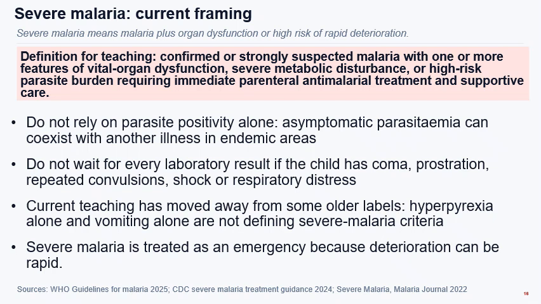Also, note the change from some older teachings that we used to give in those days: vomiting alone and hyperparasitemia are not sufficient to define severe malaria. The central concept in all cases of severe malaria is that there is organ dysfunction, not simply intense symptoms or a positive test for malaria parasitemia.